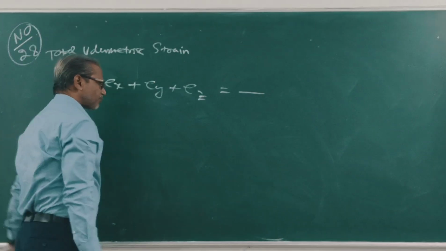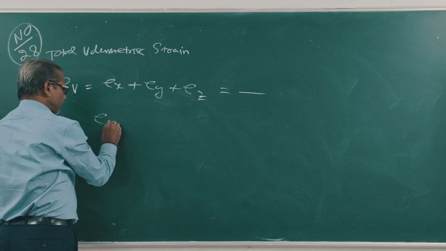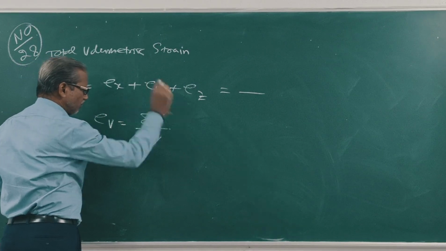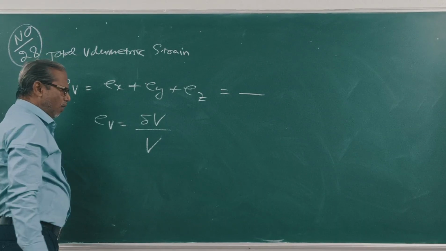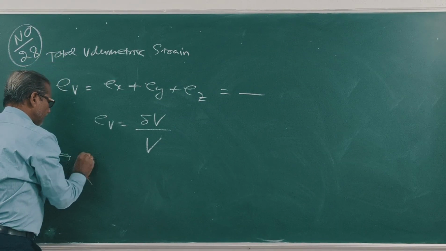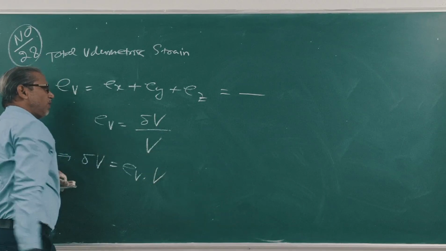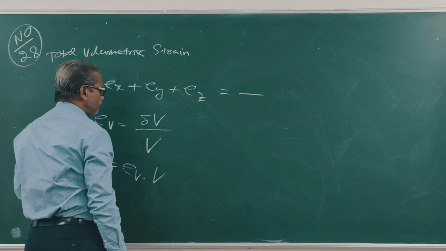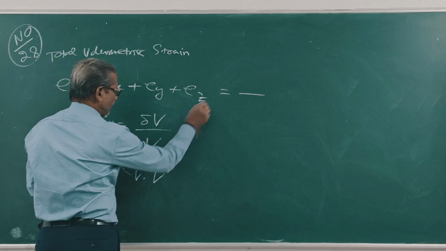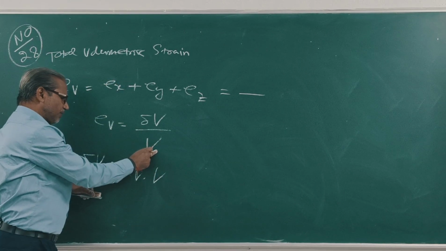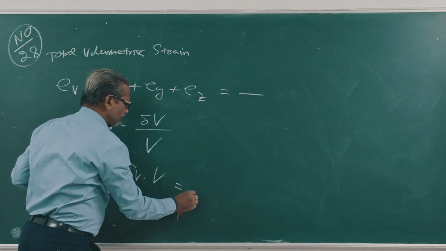Then what is the volumetric strain equal to? Change in volume by original volume. This implies delta V is equal to εv into V. Find out εv, put the value of V, where V is equal to x into y into z, and you get the answer in mm³.